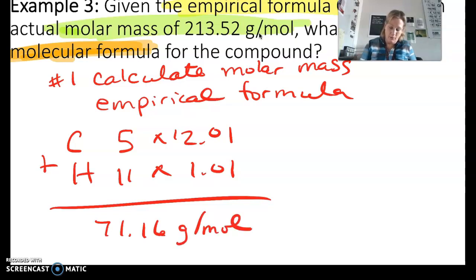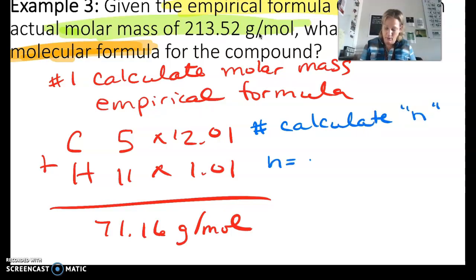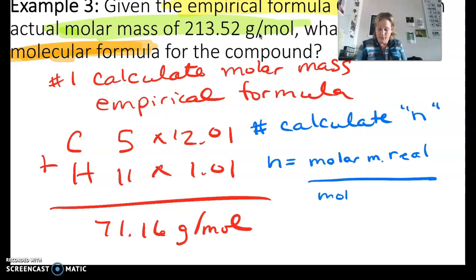Next thing that we do is we're going to do that N calculation. So calculate N. So N is going to equal the molar mass of the real, true, actual molecule over the molar mass of the empirical.